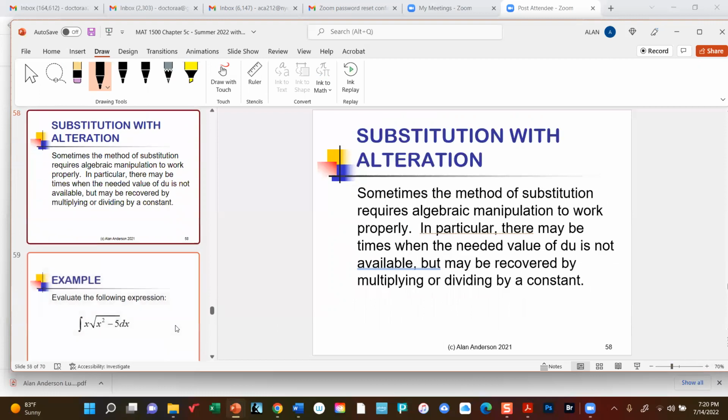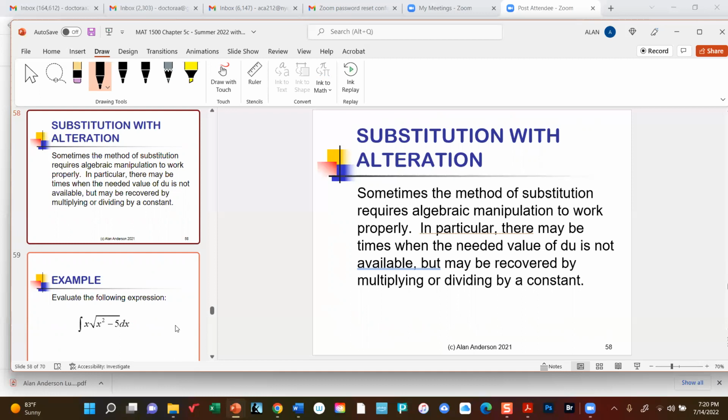Now, here's an interesting set of problems. Sometimes when you try to use the method of substitution, you may find that you think you've found what you're looking for. You'll define u and du, and all of a sudden you discover that the expression you have is not exactly the same as what you came up with.